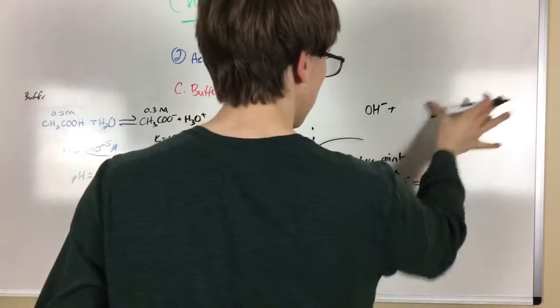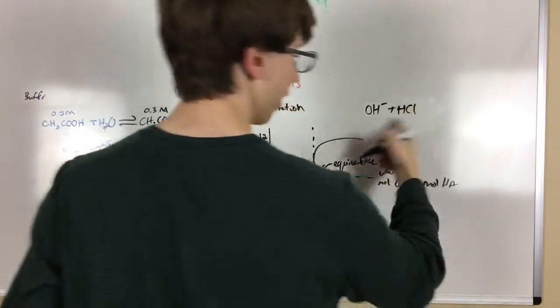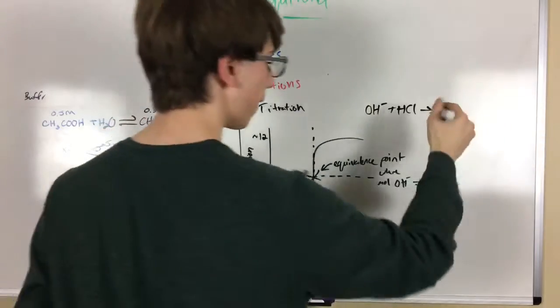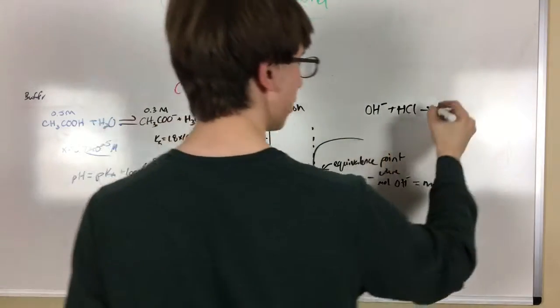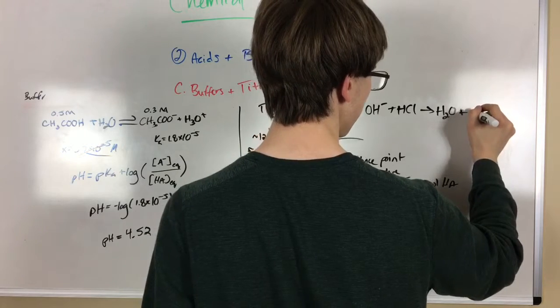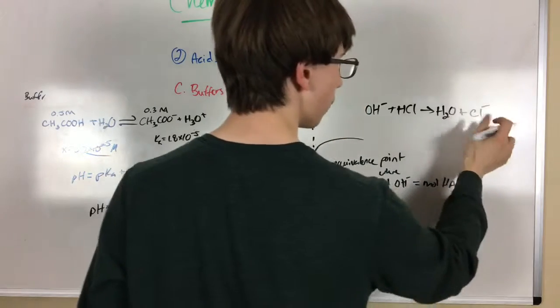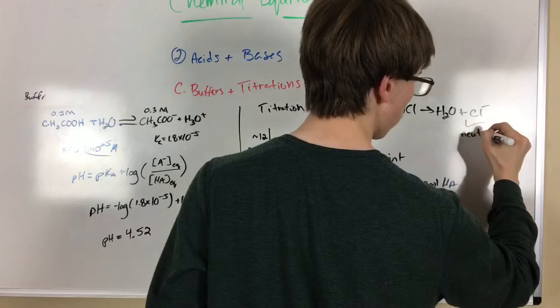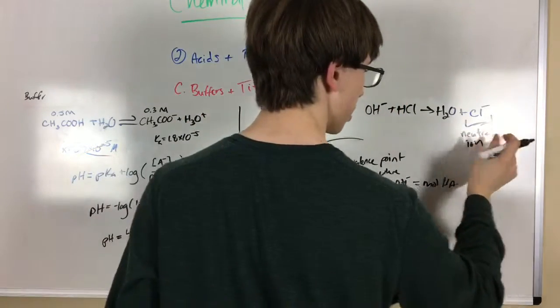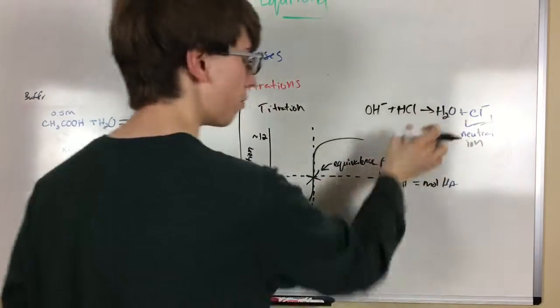Because, right, this will yield only, because HCl is a strong acid, H2O and Cl minus. Cl minus is a neutral ion because it comes from a strong acid.